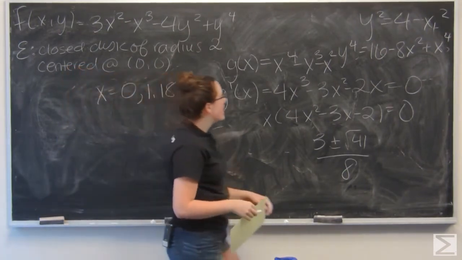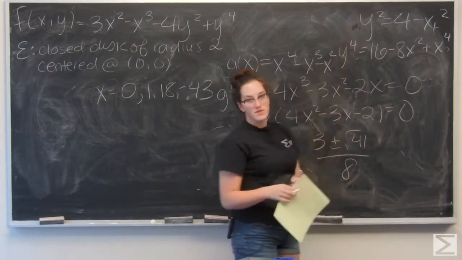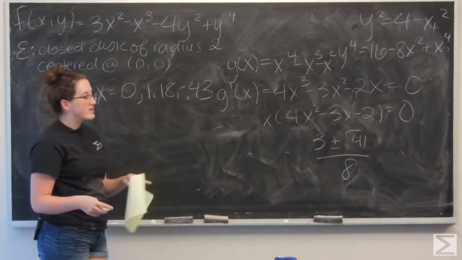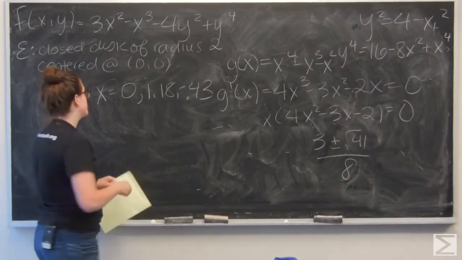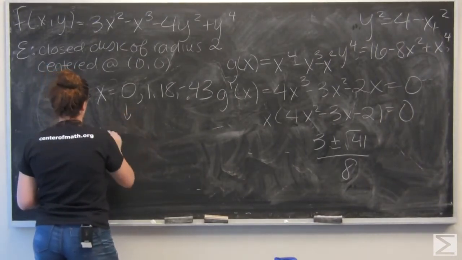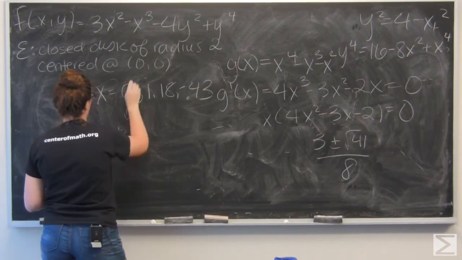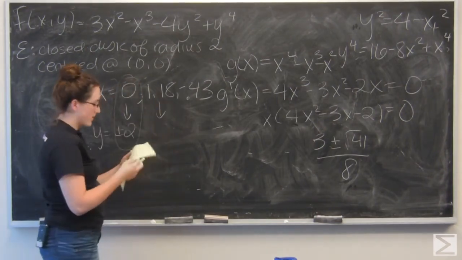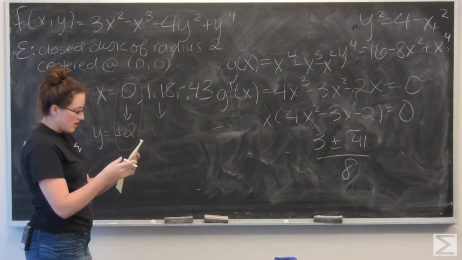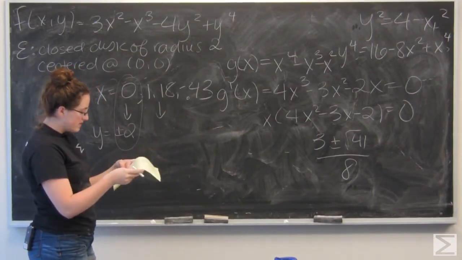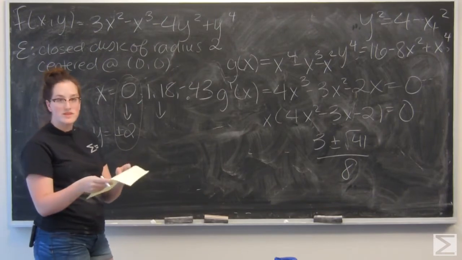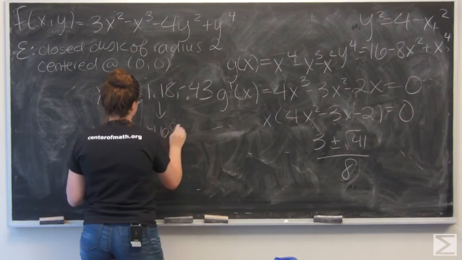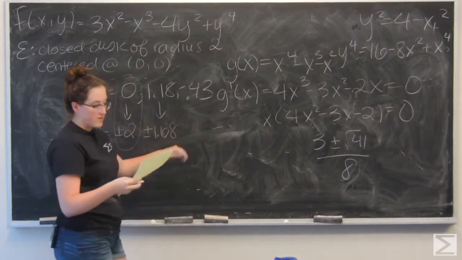So I'm going to plug all of those values for x into this equation for y squared and then take the square root. So for x equals 0, y squared equals 4, y equals plus or minus 2. And then for 1.18, y equals plus and minus 1.68.